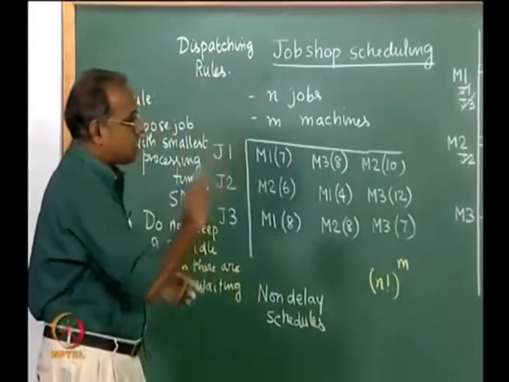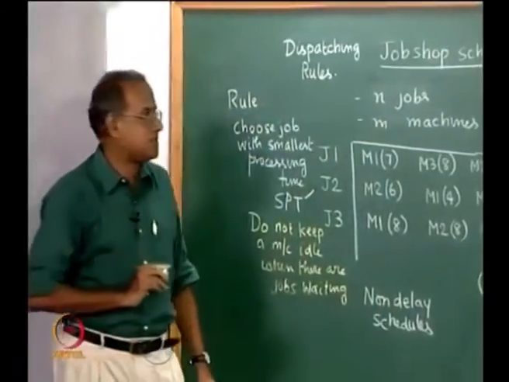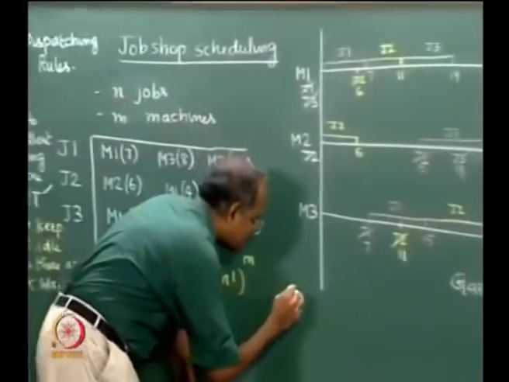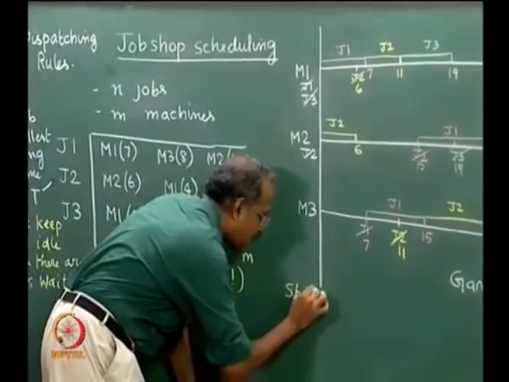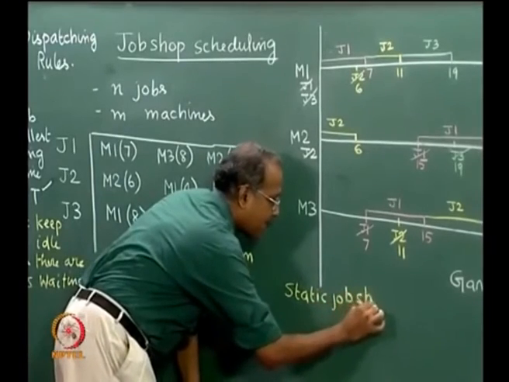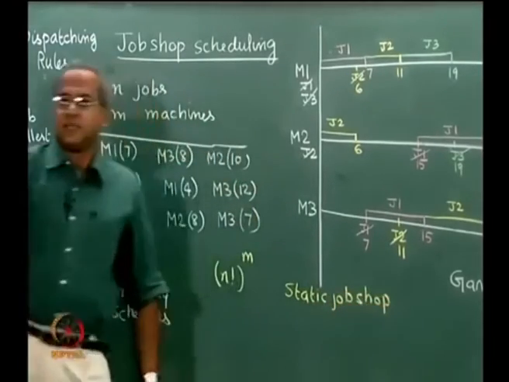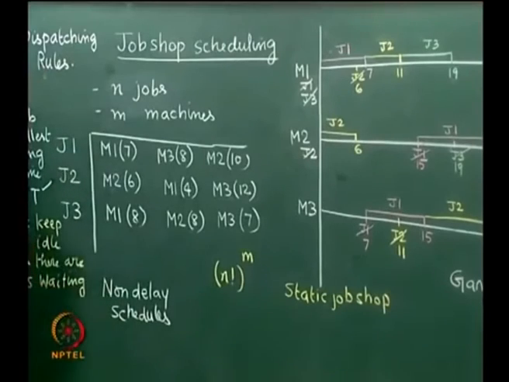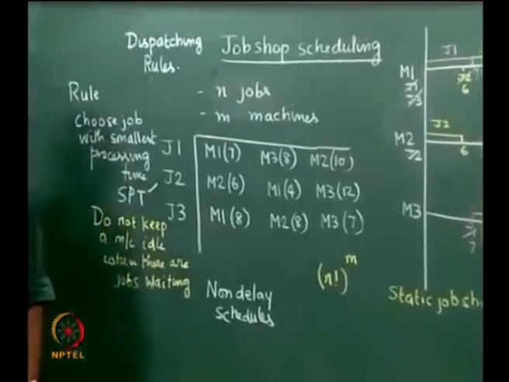Now, we have also looked at one aspect of job shop scheduling, which is called a static job shop. Static job shop assumes that the number of jobs that we are going to do is known.